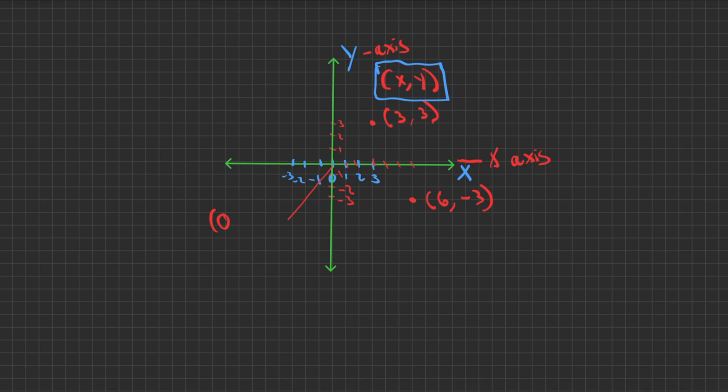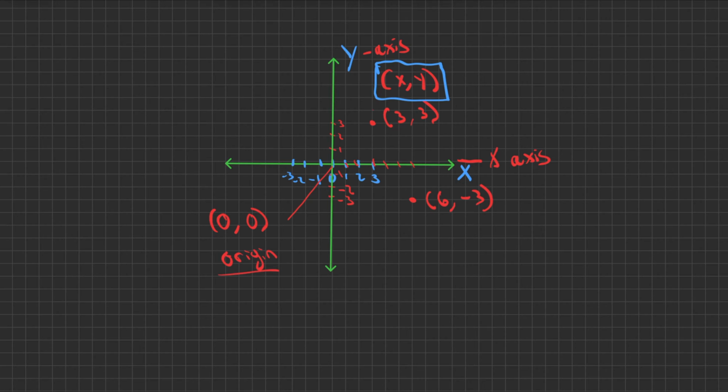And it is the point 0, 0. That is what we'd call the origin. Those are the only vocab words you need to know. And if you understand all this, you have a pretty solid understanding of the coordinate system.